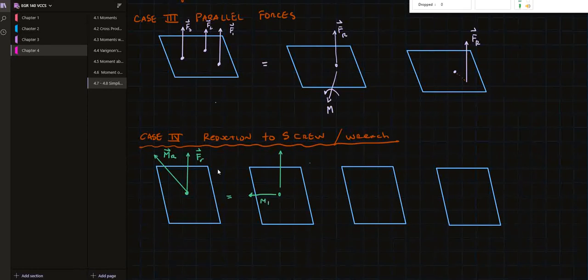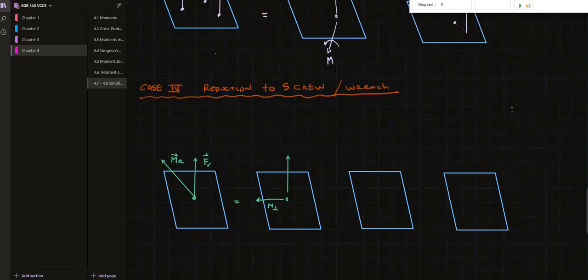So I'll have a moment that's perpendicular to this and a moment that is parallel. I need more room. Okay, instant more room. So here is our force, and then our parallel moment will be here.